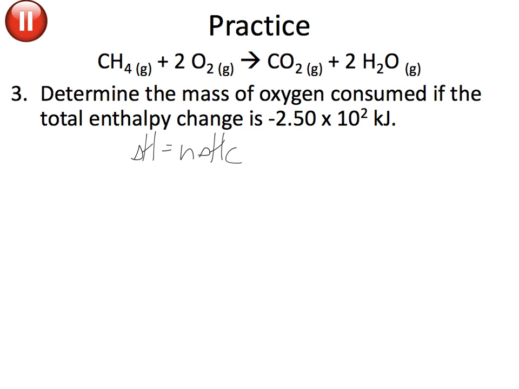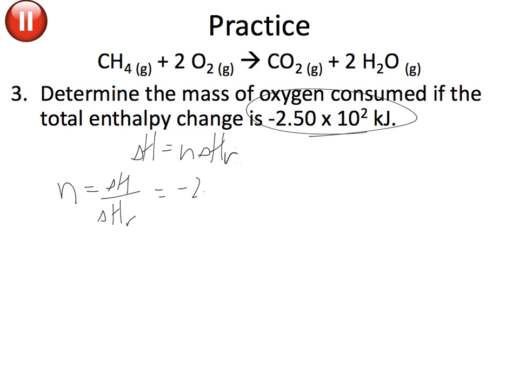So instead of using C, what we're going to use is the more generic term, and that would be delta HR. Okay? So if I rearrange my equation, I get n is equal to delta H over delta HR.